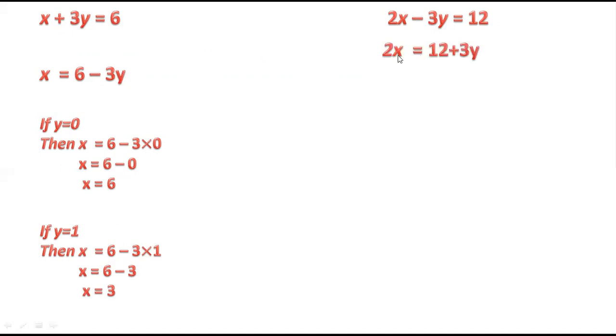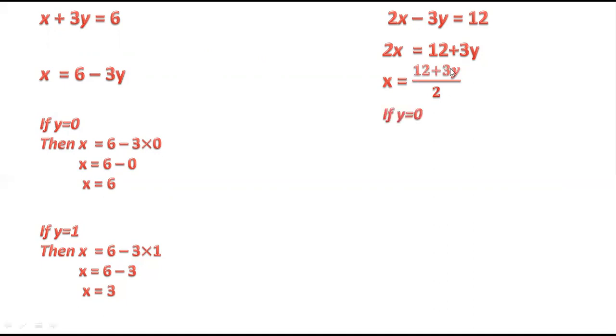See the second equation. Here 2x is equal to 12 plus 3y. If you take 3y to the right side, x is equal to 12 plus 3y divided by 2. Here be careful. You have to check the value for y so that 12 plus 3y is divisible by 2, so that you will get an integer as the answer.